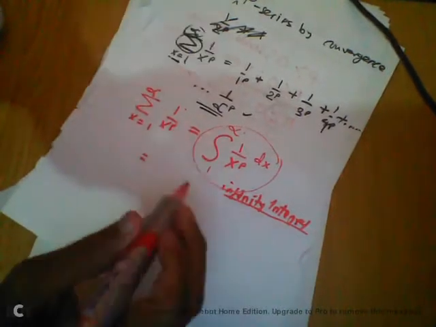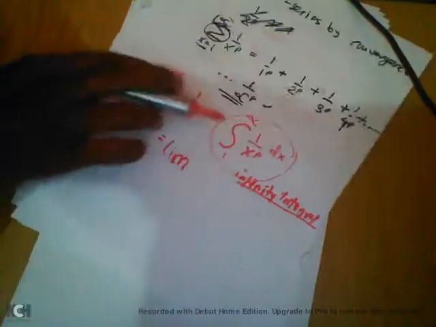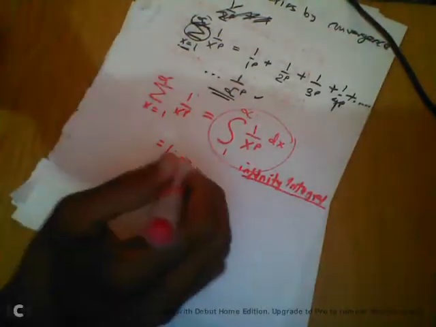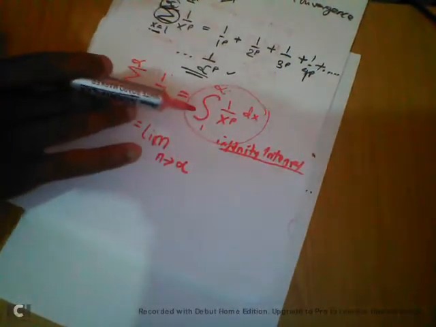So when you have an infinite integral, we have to limit, or change, this number. How do we do that? We say, okay, let's limit it. I don't want this to be infinity, it has to be a certain end. So I'm going to say this has to be equal to n. This has to be a certain number. I don't want it to be infinity, because that's how you change an infinite integral into a limit.